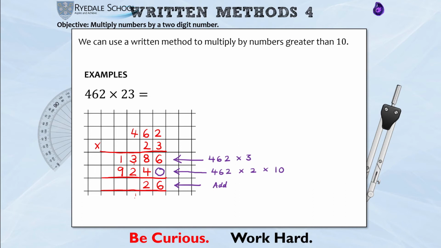But I am adding this extra 1 down here is 6. And 1 add 9 is 10. So the answer to 462 times 23 is 10,626.